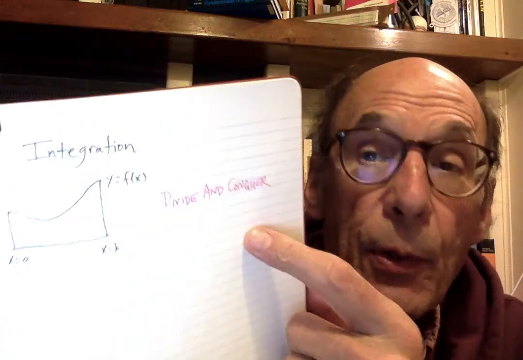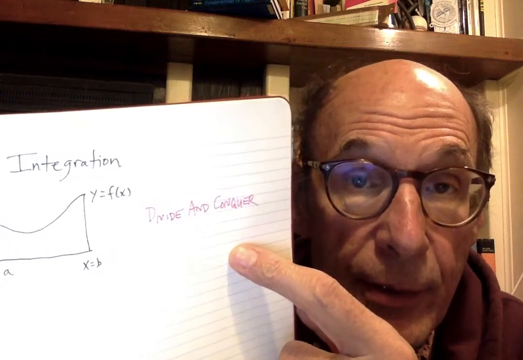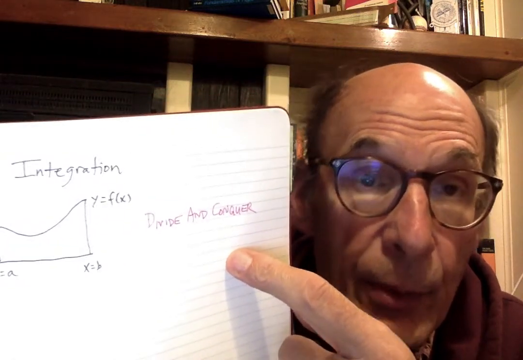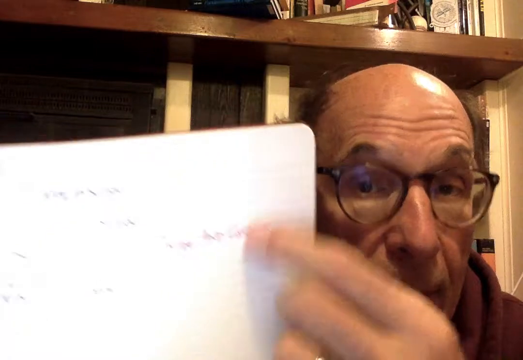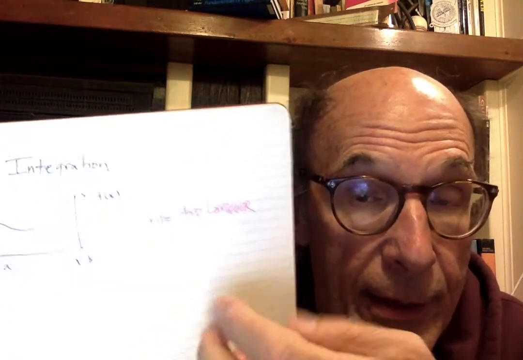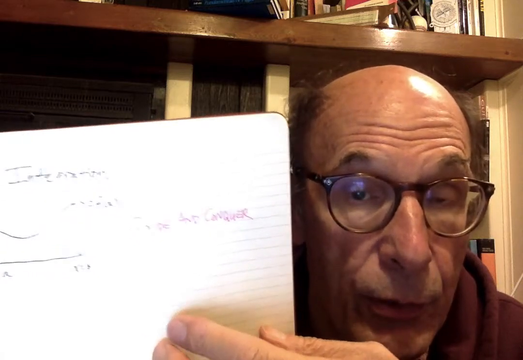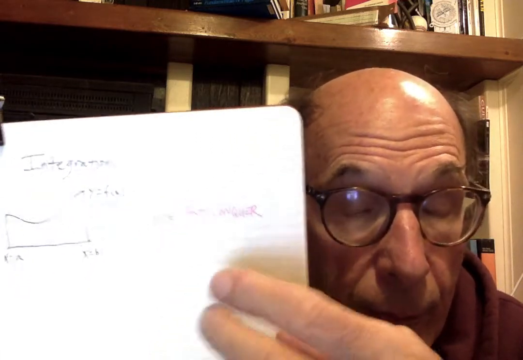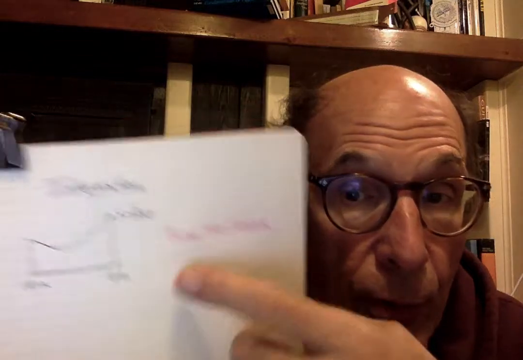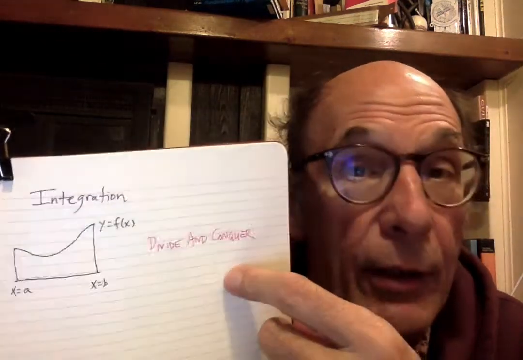We're going to chop the problem up into a lot of little pieces and solve the problem maybe approximately in each of the little pieces and somehow combine all those to get an approximate and then an exact solution to the problem at hand. So we're just going to divide things up and conquer them.